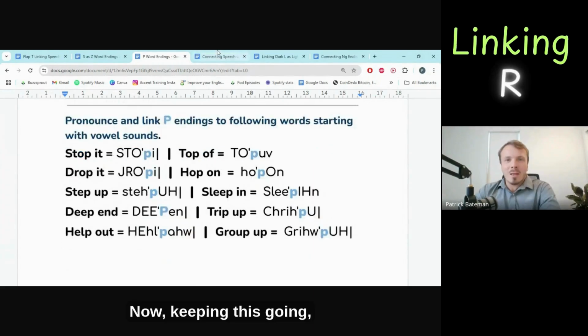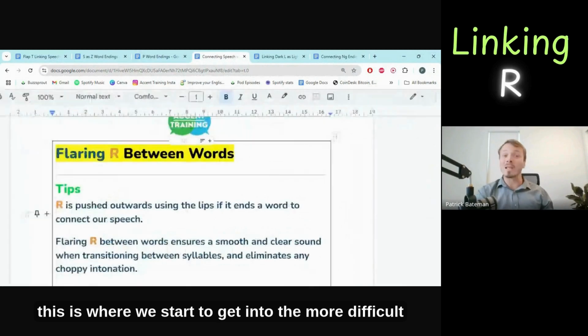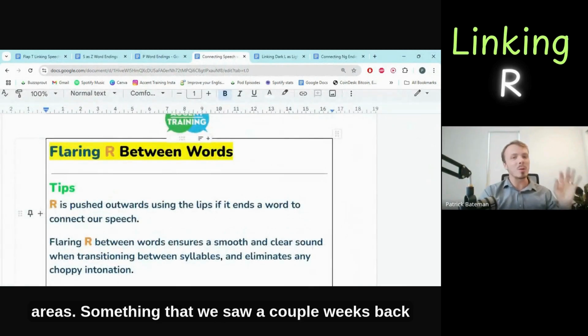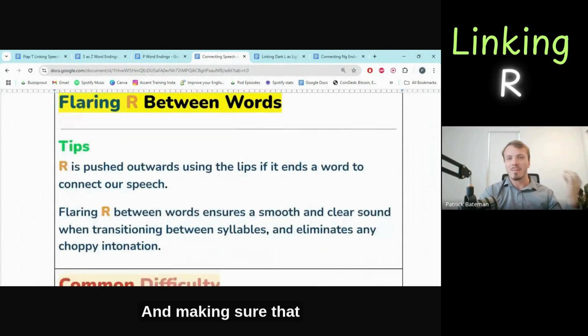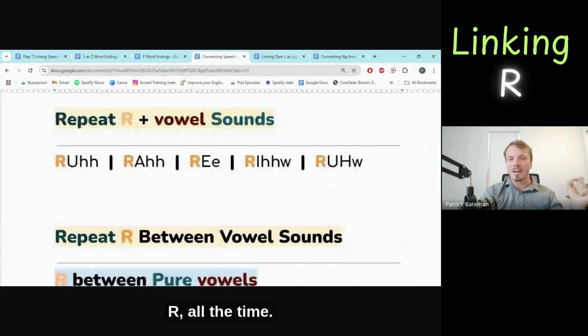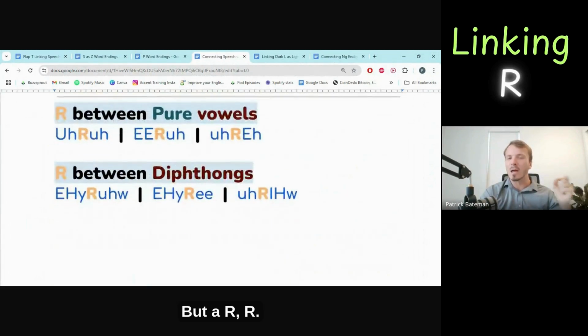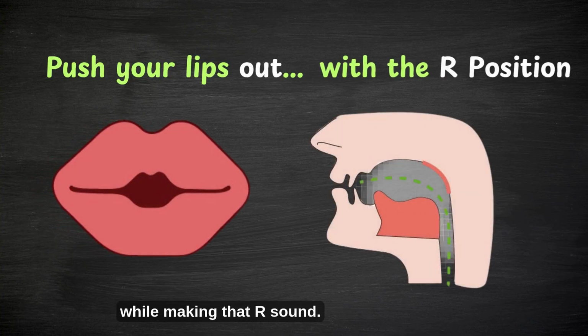Yes. Now, keeping this going, this is where we start to get into the more difficult areas. Something that we saw a couple weeks back was our flaring R's and making sure that we're not rolling R's like a "r" all the time, but a "r," where you push your lips out while making that R sound.